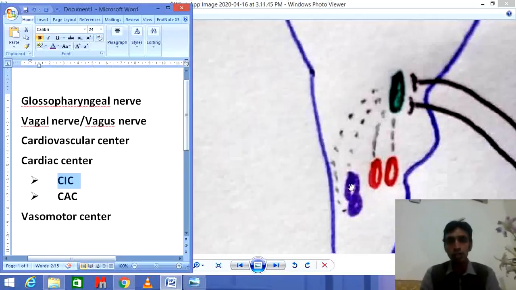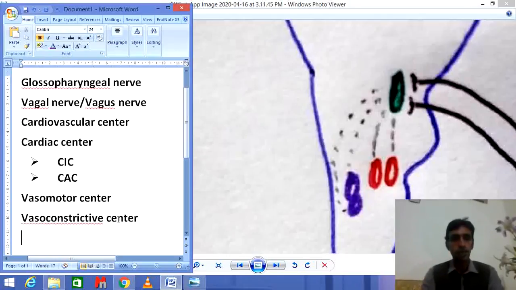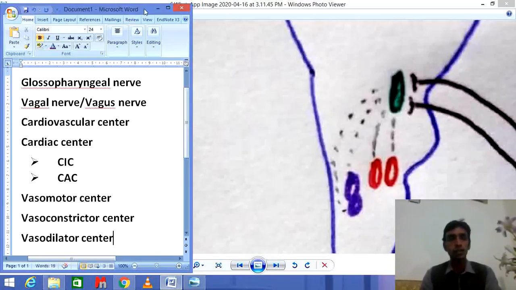Now focus on this diagram. In this diagram, you can see two nucleuses.